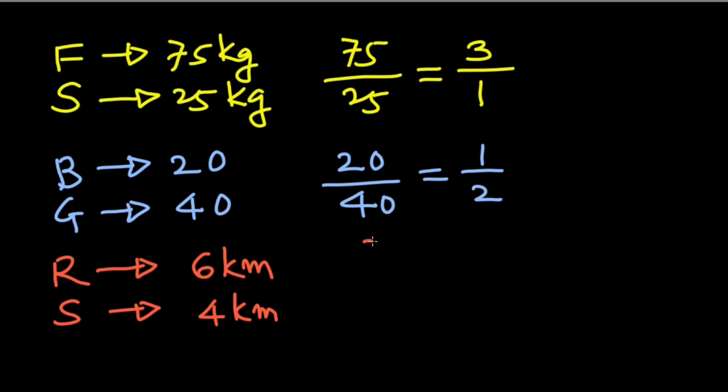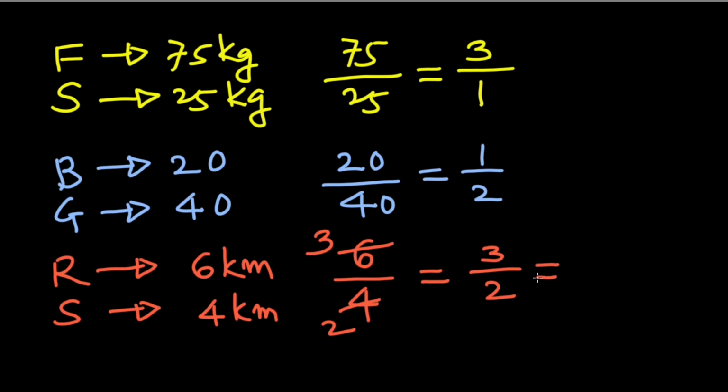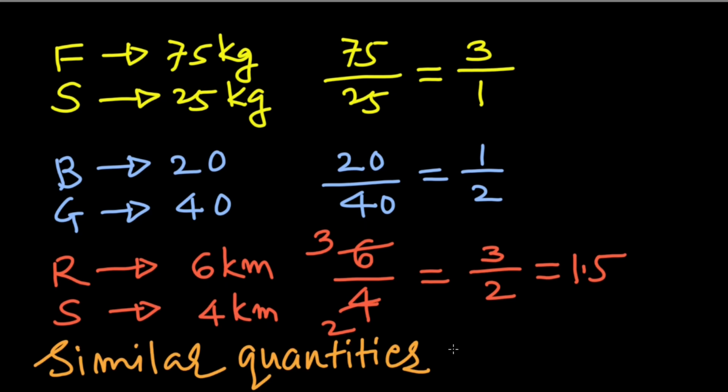So here the ratio will be 6 by 4, that will be 2 twos are 2, 2 threes are 6, that is 3 by 2, or it will be 1.5, which means that Ravi covers 1.5 times the distance that Sanju covers in 1 hour. Remember, here we have taken ratios of similar quantities only.